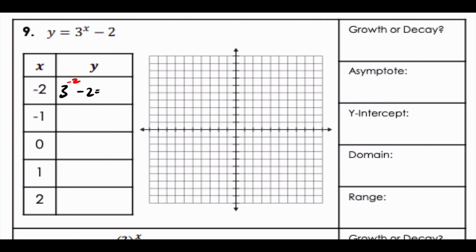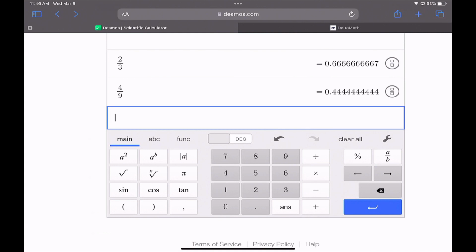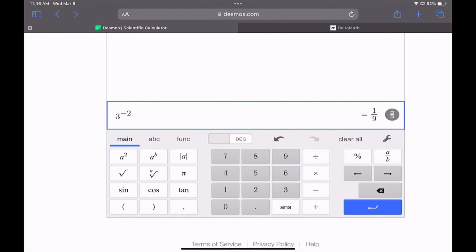So what is 3 to the -2? What does that mean when I say 3 to the -2? Move it down, right? Your calculator also does this too. 3 to the -2. Oh, yeah, well, 1/9.